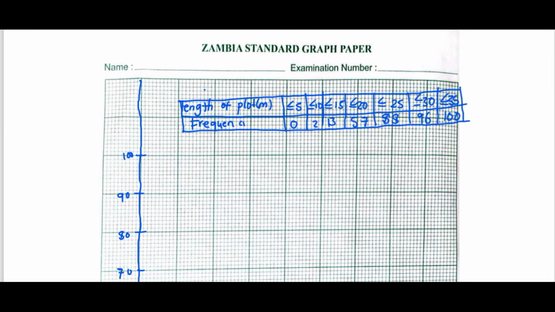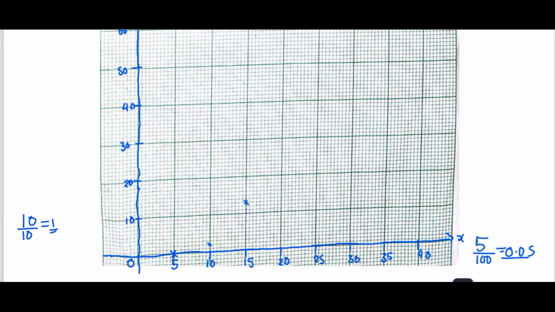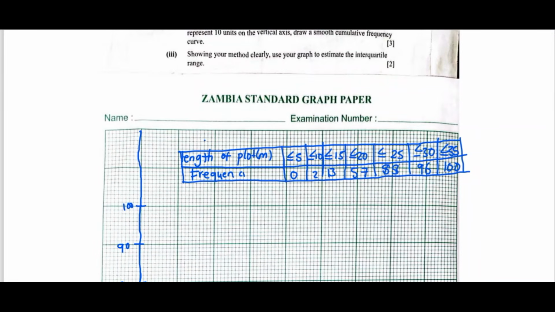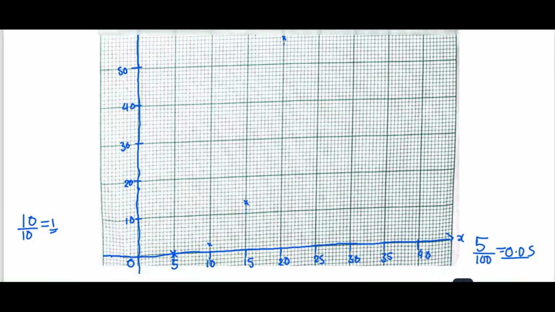Then we have 20,57. So 20, 50, 51, 52, 53, 54, 55, 56, 57 is somewhere here. Then we have 25,88. So 80 is here, 88 is somewhere here.